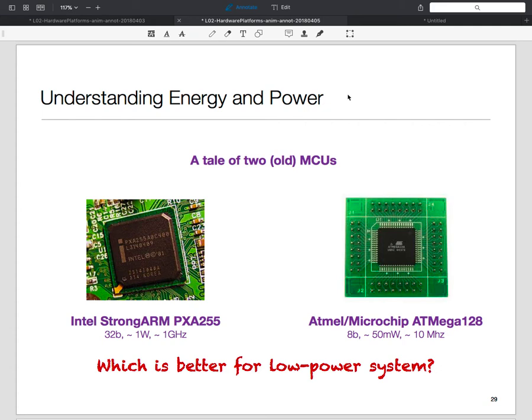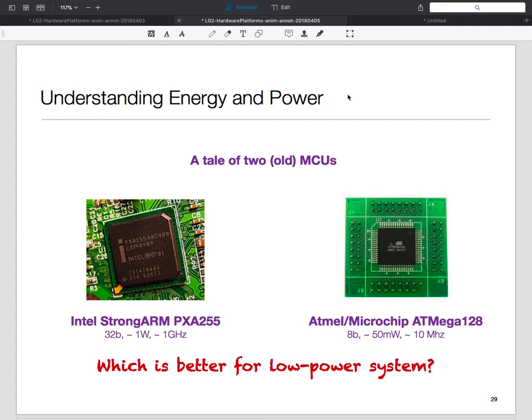That holds true, except it doesn't quite work that way, because if you look at the frequency versus power curve, it actually saturates at the bottom very rapidly. The reason is this is a complex chip, so there's a lot of stuff just on all the time. It's something called leakage power. Even if you're doing nothing, it's going to consume that power. So, point well taken. I think that's okay.